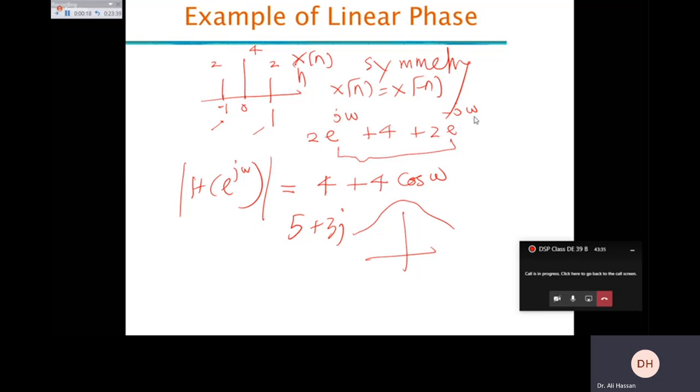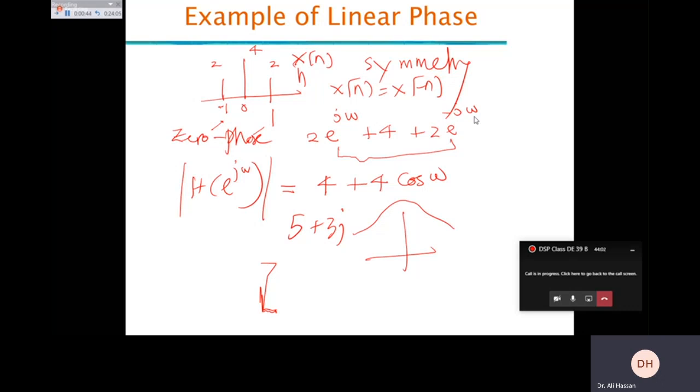So we call these systems zero phase systems. Zero phase is an important terminology. Why are they zero phase? If an impulse response is real and even, then your frequency response is real and even, and there will be no phase in it.